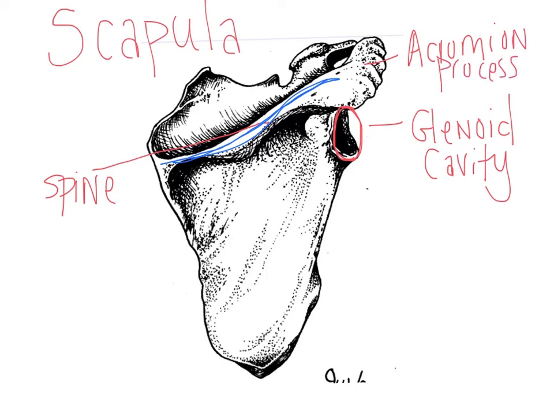And then the one on the back is known as your coracoid process. Sorry, I'm getting messy here. Okay, so those are the main things that I would like you to know for the scapula. Again, be sure that you can recognize this as the scapula and that you can identify these things.